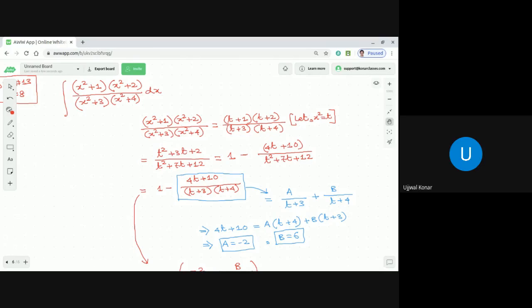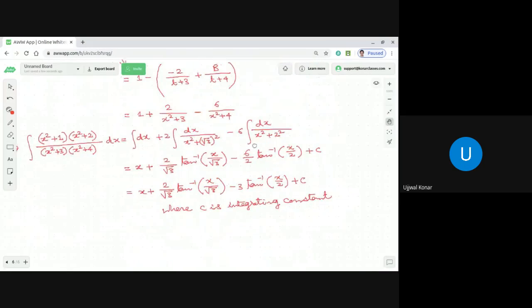Suppose the same question is given in the form of only this integration, where you just need to perform integration of these three expressions. It becomes so easy, na? Correct or not? But when the same form is given like x square plus 1 into x square plus 2 divided by x square plus 3 into x square plus 4, things become apparently difficult, and it is completely understandable. We can proceed to the next question, dear students.